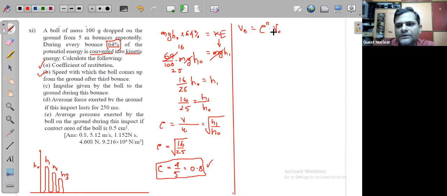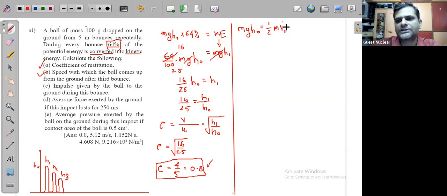So in order to find out this v naught, we'll have to work out something. First we have to find v naught. We can use the conversion of potential energy and kinetic energy between these 2 points here. If the ball is released from this height h naught, then the kinetic energy it will attain when it reaches the ground is given by the formula mg h naught is equal to half m v naught square, correct?